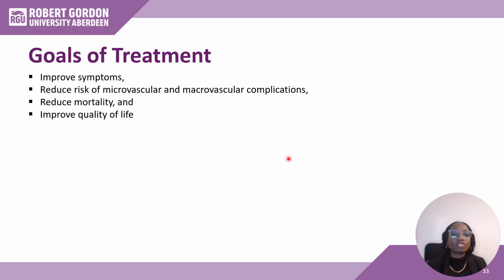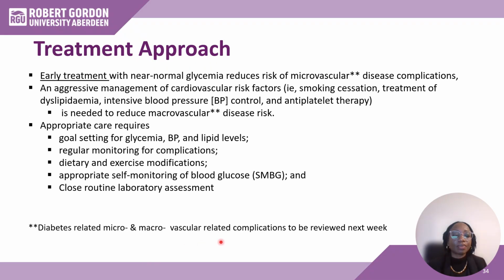So the goals of treatment for type 1 diabetes are to improve symptoms, reduce the risk of microvascular and macrovascular complications, reduce mortality, and certainly improve quality of life. Early treatment with near-normal glycemia reduces the risk of microvascular as well as macrovascular disease complications, and aggressive management of cardiovascular risk factors will reduce the macrovascular disease risk.